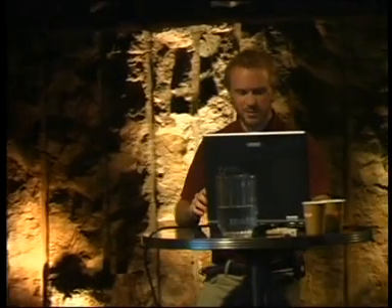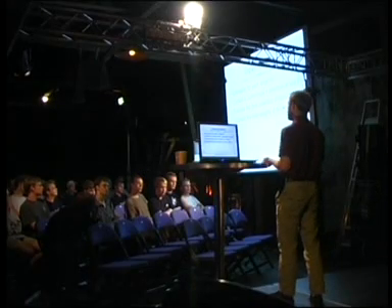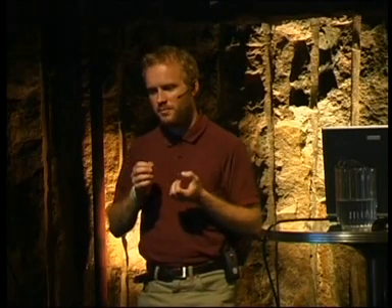But we do something, and then we try to estimate, since you have a selection of masks, but you also need to know how much to trust in each of these models, and that expresses how common these different patterns are in the actual data you're trying to compress.